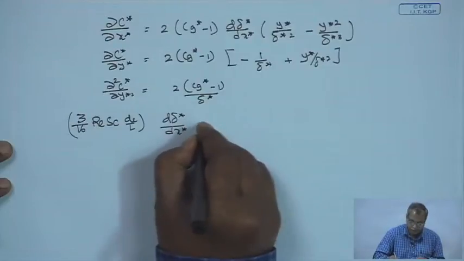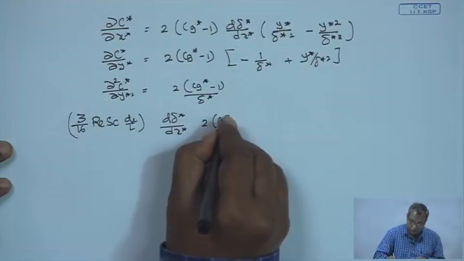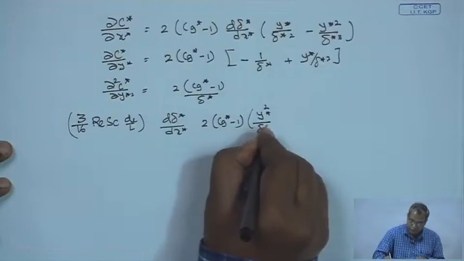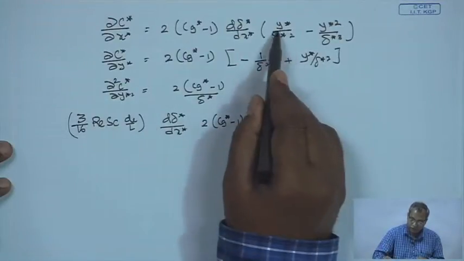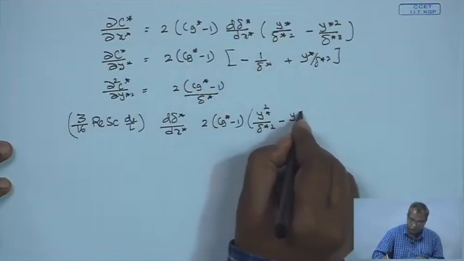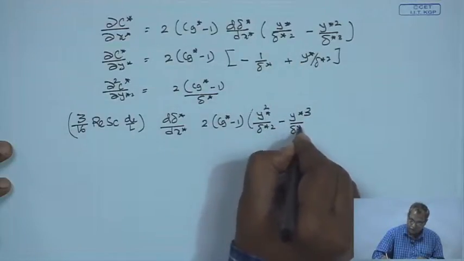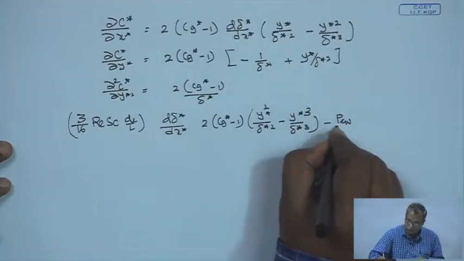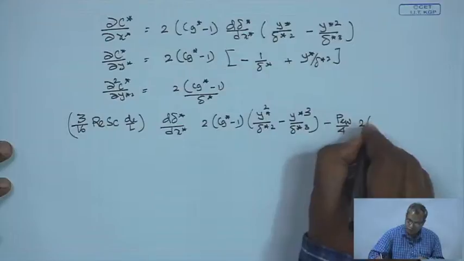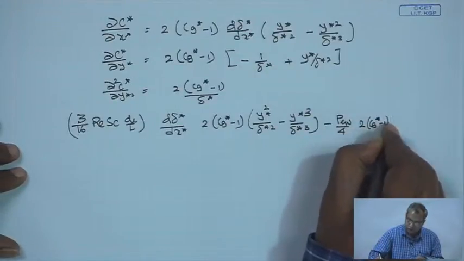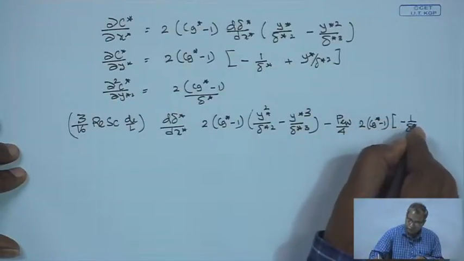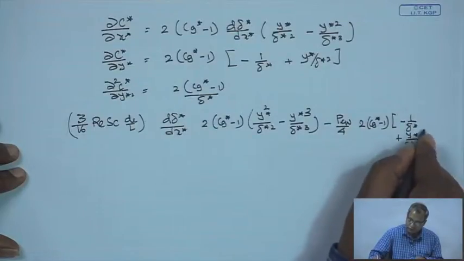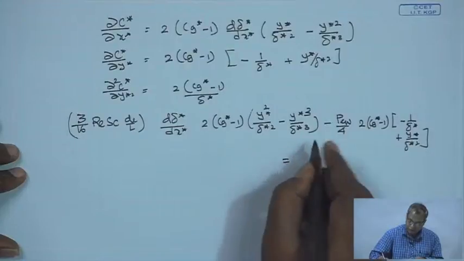So, we will be putting into that 2 C g star minus 1 y star square by del star square, because there was a y, so it will be multiplied with this, minus y star cube by del star cube, minus P w by 4 del C star del y star. So, 2 C g star minus 1 times minus 1 by del star plus y star by del star square is equal to del square C del y star square.